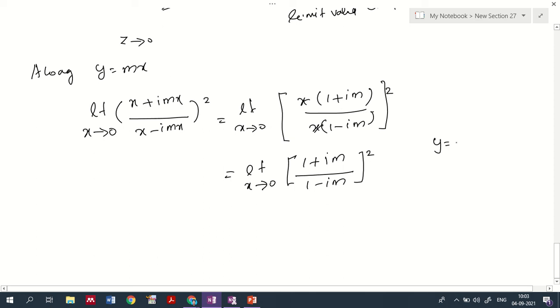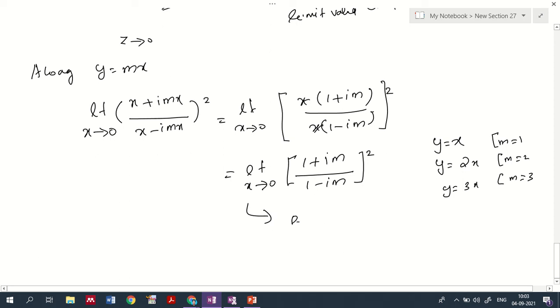And now if I substitute y equal to x, y equal to 2x and y equal to 3x, that means m equal to 1 in this case, m equal to 2 in this case, and m equal to 3 in this case. So if m is varying with respect to different lines, we know that the limit value will change, right?